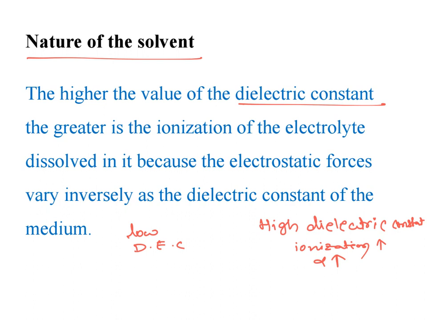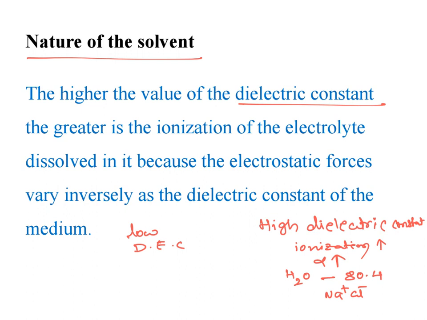Let's take a high dielectric constant solvent, water, which has a dielectric constant of 80.4 at 20 degrees, a very high value. What happens if I take sodium chloride? If I dissolve it in water, it completely ionizes.